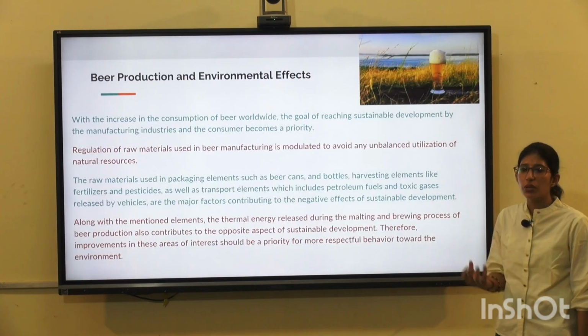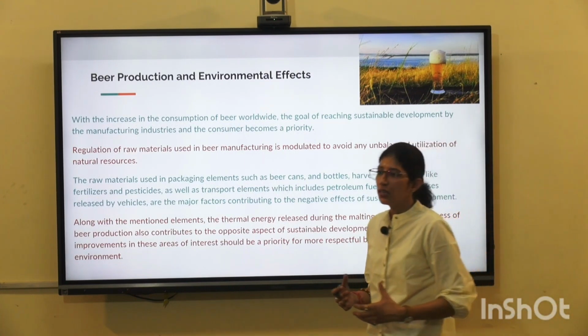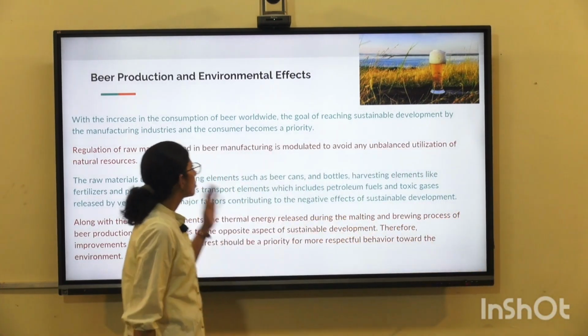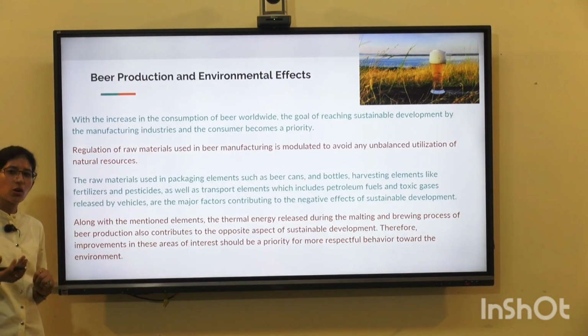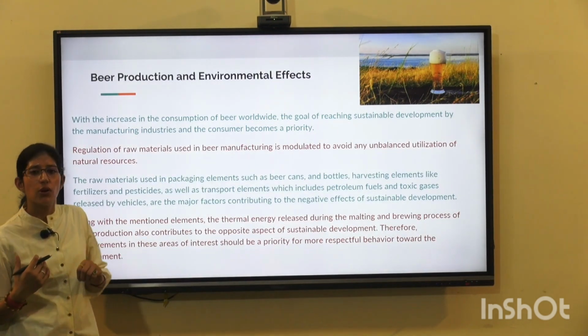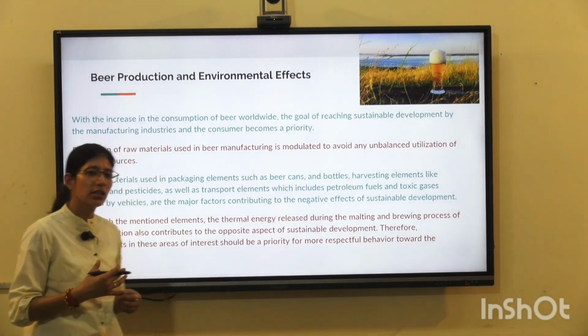Now, what is the beer production process and how is it actually affecting the environment of the entire earth? With the increase of consumption across the globe, there is a certain responsibility for each of us to look at what we are recycling and what we are using.